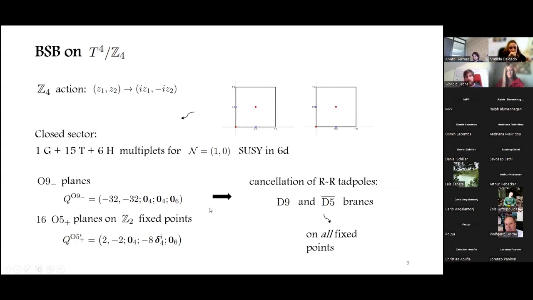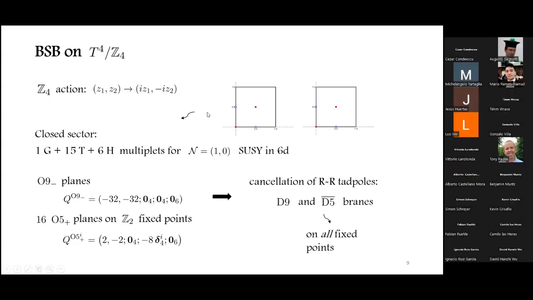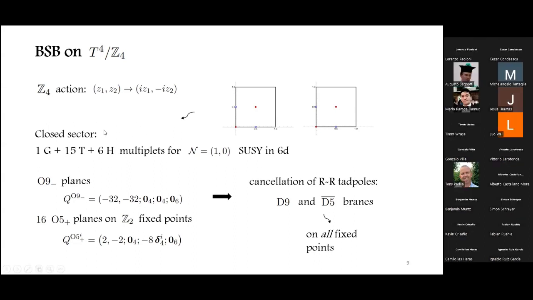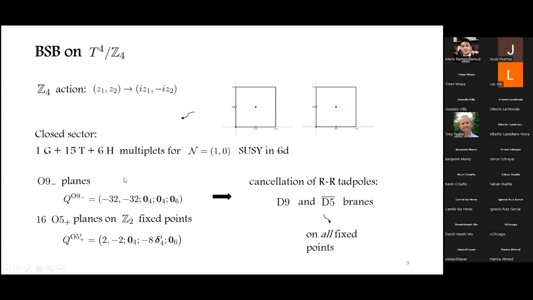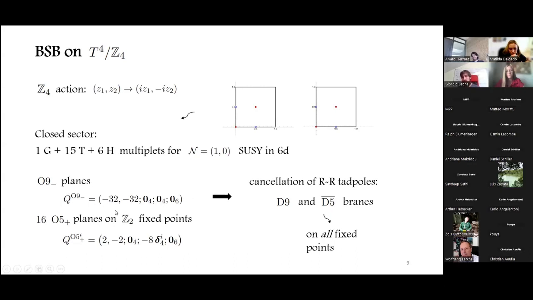In such a case, the Z4 point group action acts in the following way, with a rotation of 90 degrees on the two tori, which identifies 4 fixed points, here indicated with the red dots, and the Orientifold projection with the non-trivial involution identifies O9 planes which carry the same set of charges, loosely speaking, as the Z2 model. But there is a crucial difference with respect to the previous case.